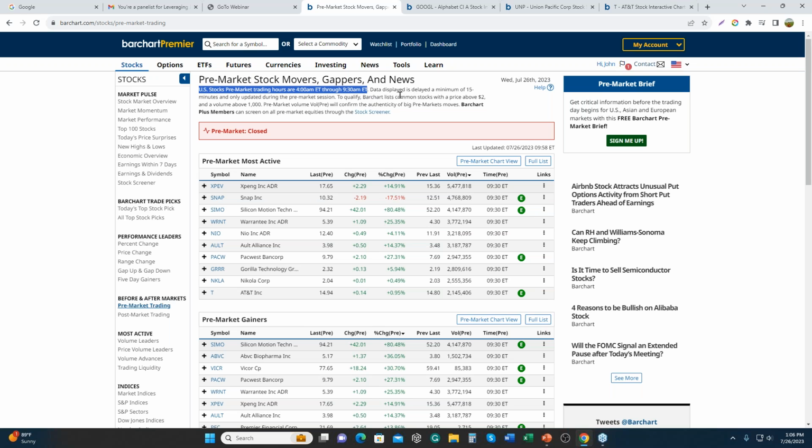We're using common stocks that have a price of greater than $2 and, an important analysis, volume above 1,000 shares. This eliminates a lot of small transactions, fat fingers, illiquid markets, and those small-priced penny stocks.